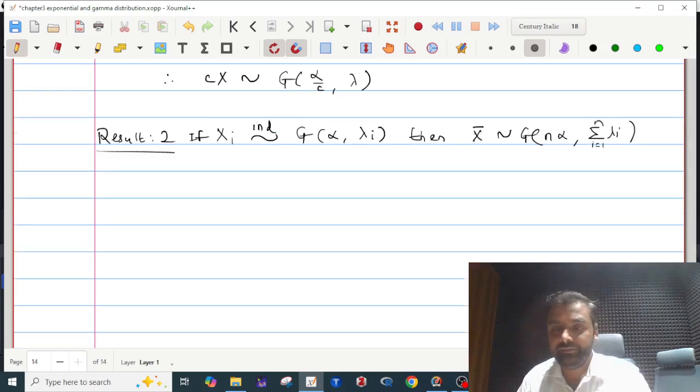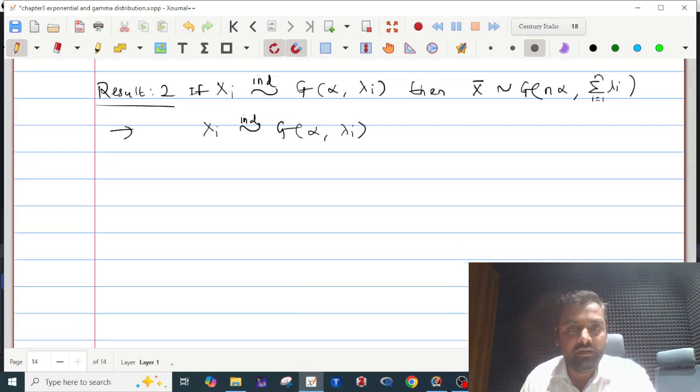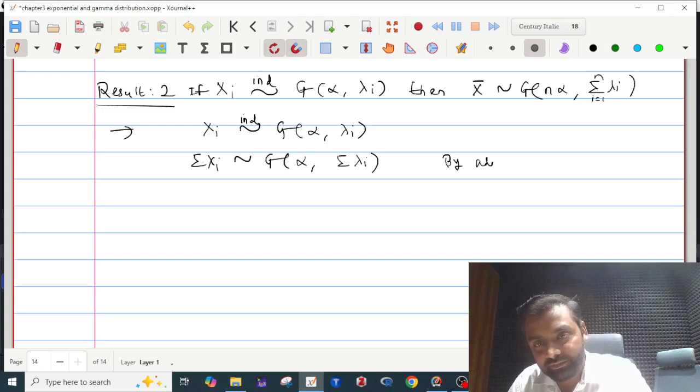Its proof is very simple. What is given? Xi follows independent gamma variate with parameter alpha, lambda i, and just above we proved by the generalized additive property that summation Xi follows gamma distribution with parameter alpha, summation lambda i.